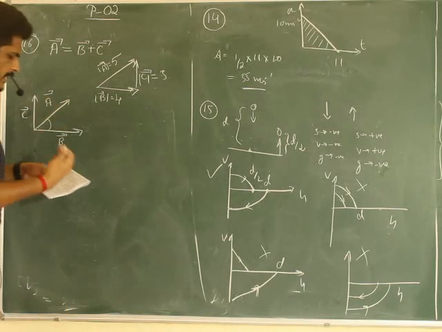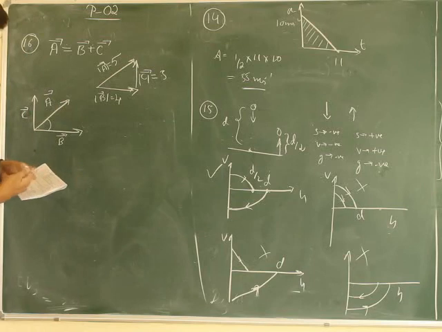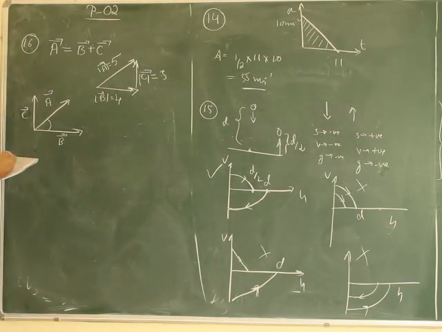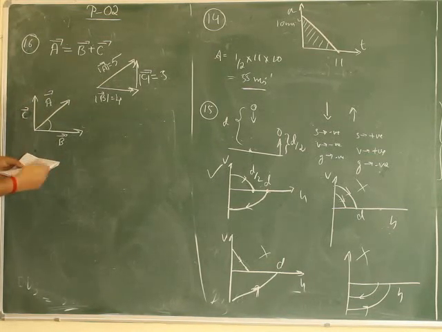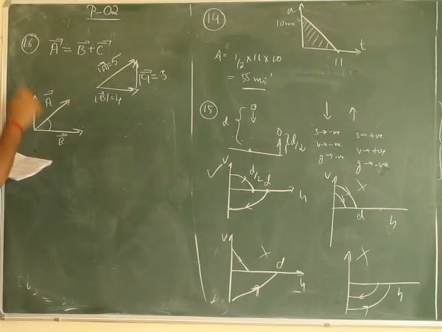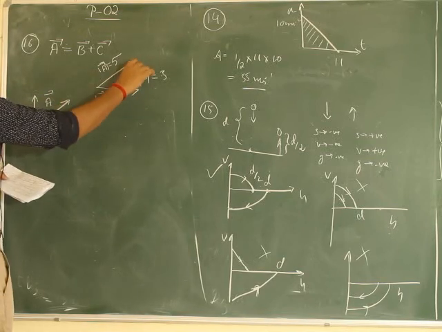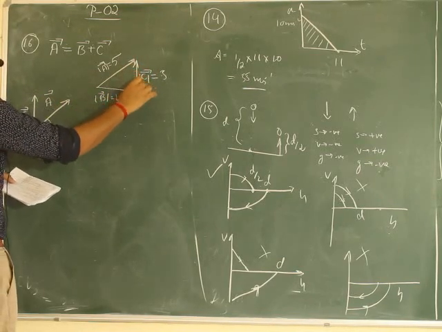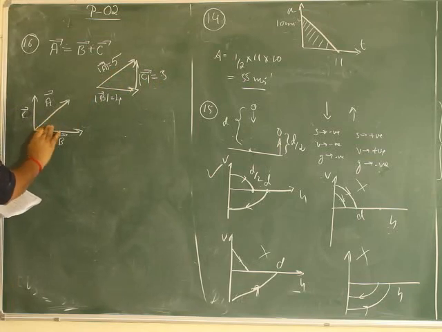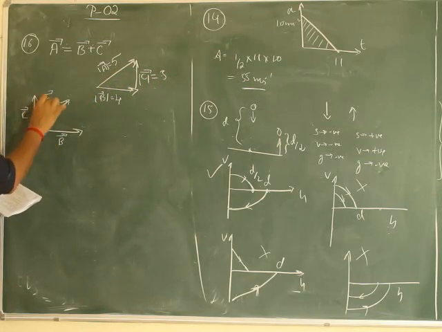Whichever angle they have mentioned, I will take that. Resultant, what is the angle? It is mentioned with the C, not with the B. The angle is with the C. So how much is the angle?